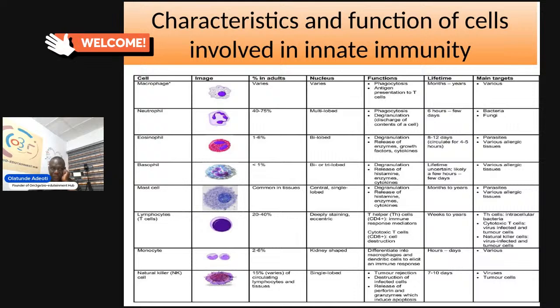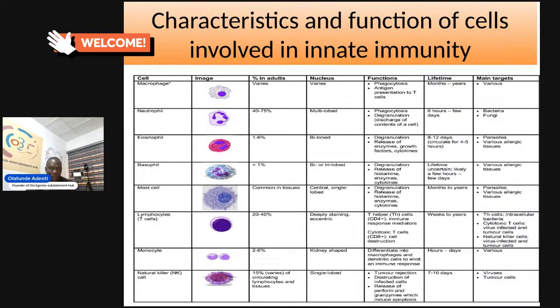And the nucleus, the way you see this nucleus, you might also see it in another form. It doesn't actually matter, but once it is a macrophage, it is a macrophage. And these are the functions. It involves phagocytosis, and it also performs the role of an antigen presenting cell, antigen presentation. We will see all this as we go on.